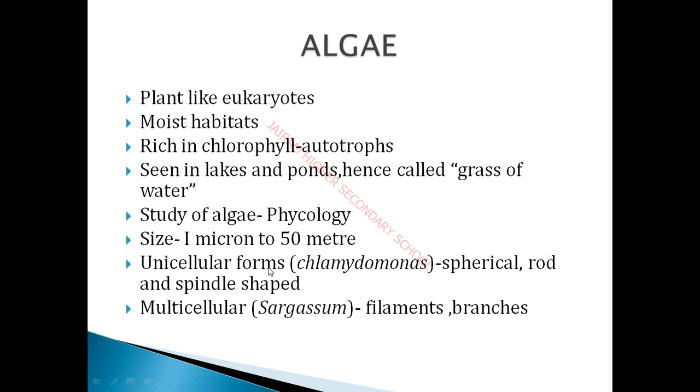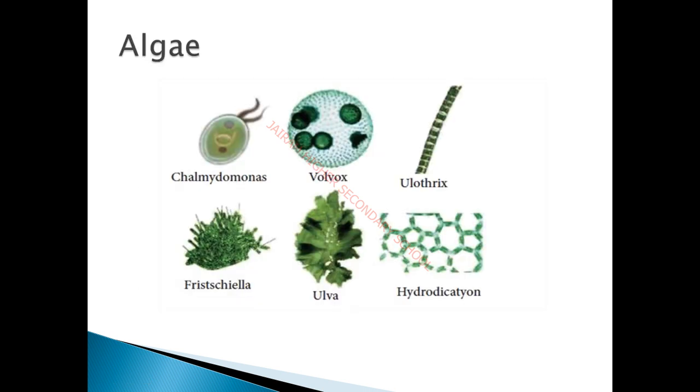So an example of a unicellular algae is Chlamydomonas. It contains a single cell, so it is categorized as a unicellular form, and it may exist in various shapes such as spherical, rod and spindle shape. And multicellular forms of algae, example Sargassum, may exist in filaments or branched shape. So this is an introduction about algae.